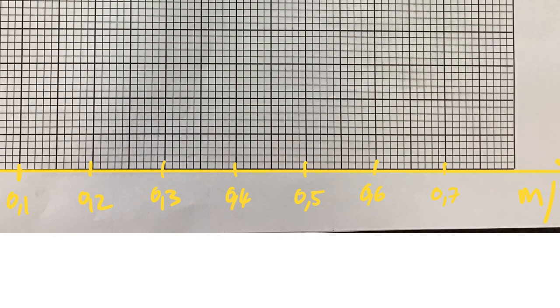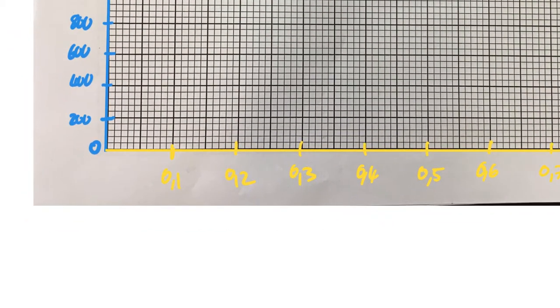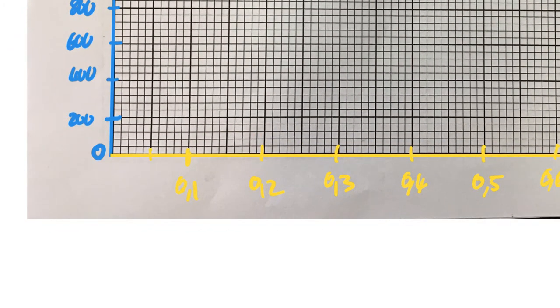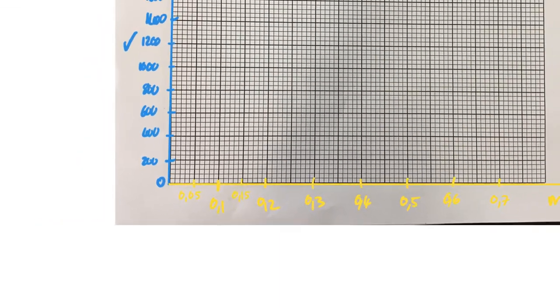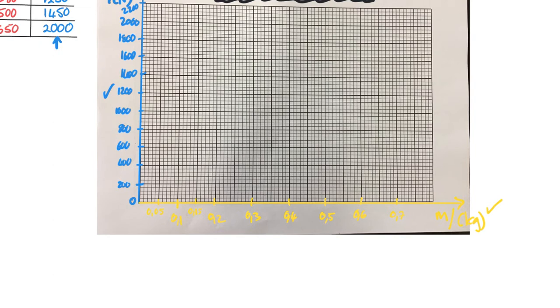Sorry, my notes are looking a bit like 6s. Right, now that means in between, this will be 0.05, this will be 0.15. Okay, so that's the halfway points. Now you get another mark for that.